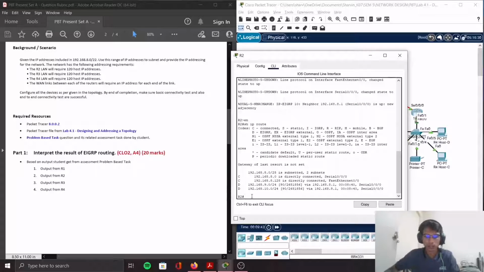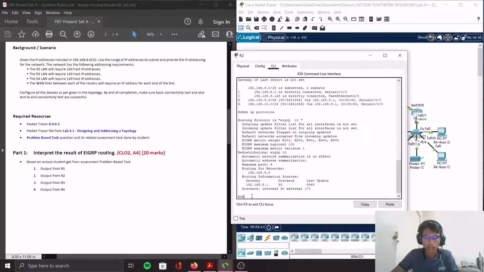Now let's go to show IP protocols. You can see it uses the routing protocol EIGRP 10, same as R1. There is no automatic address summarization, and the maximum path is 4.